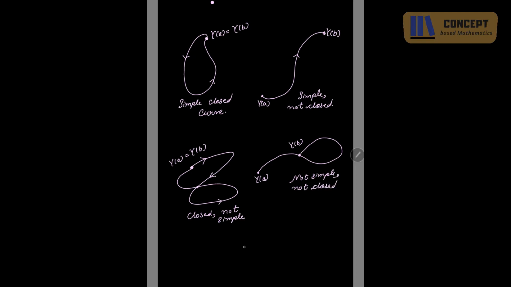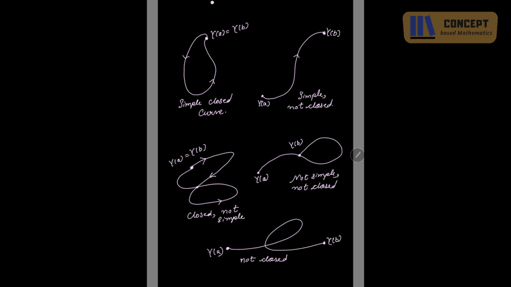And the last example, if I make the curve like this. Okay, now gamma b and gamma b do not meet. And also these 2 points are not equal. So this is not closed. Is it simple?